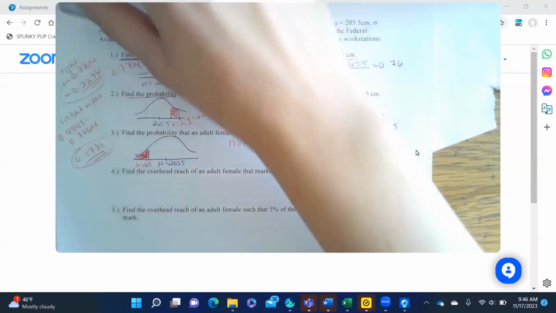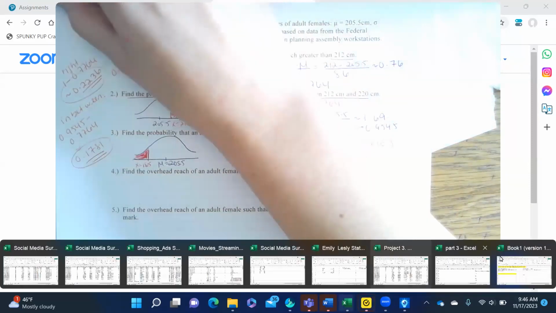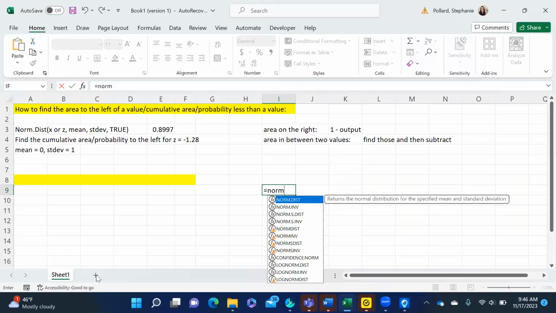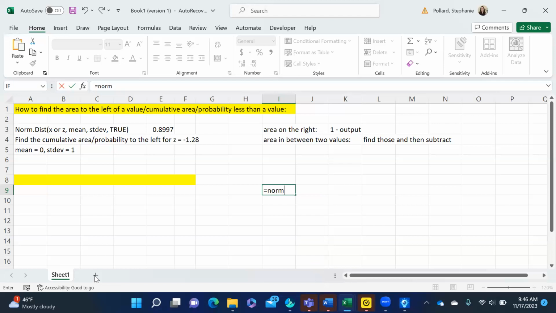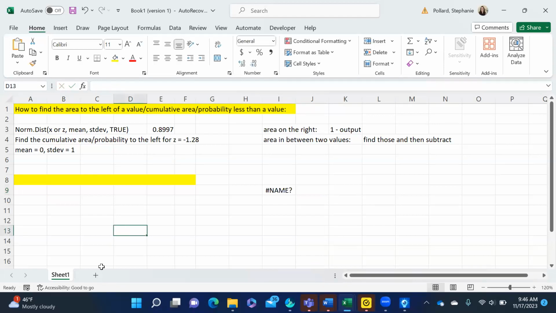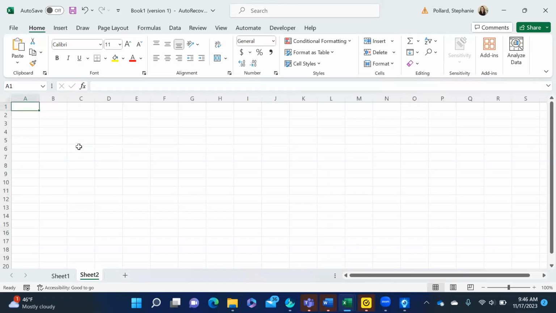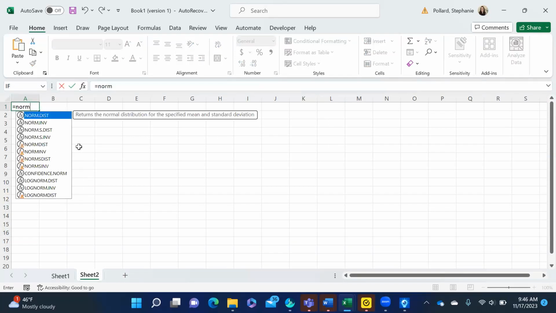So let me go to my Excel. I'm going to just bring up a new sheet. There we go. And I'm just going to use it as a big calculator here. So I'm going to do normal.dist. There are different versions, so again, I prefer not the S or anything else.